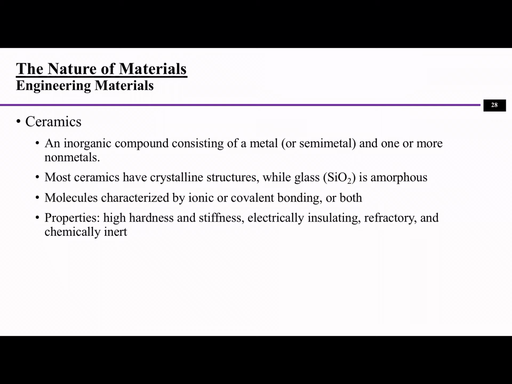Most ceramics have a crystalline structure, but there are exceptions. Glass has an amorphous structure, and the molecules are characterized by ionic or covalent bondings, or both. Typically, ceramics have really high hardness and stiffness, are electrically insulating, refractory, and chemically inert.